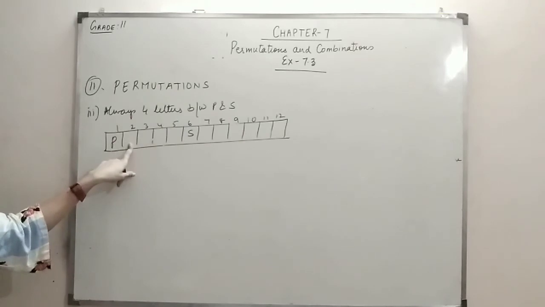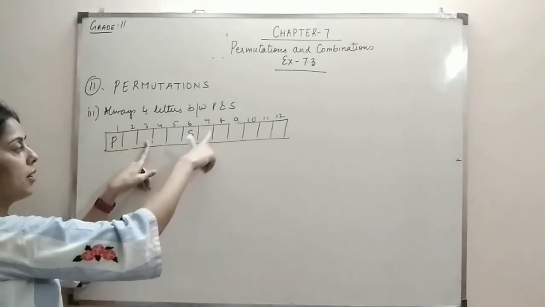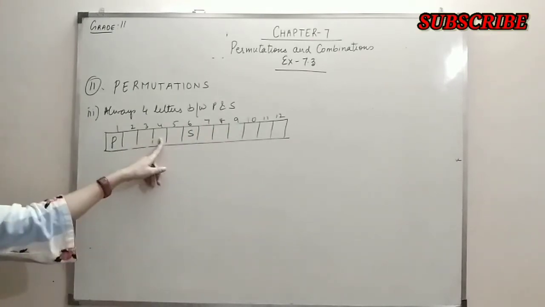If P takes the 2nd place, then S will be at the 7th place. If P is at the 3rd place, then S will be at the 8th place. If P is at the 4th place, then S will be at the 9th place.